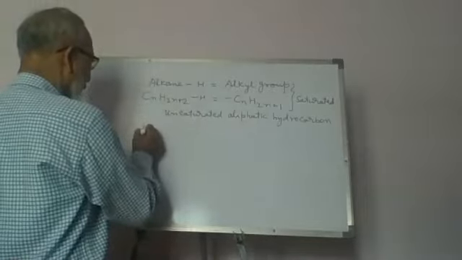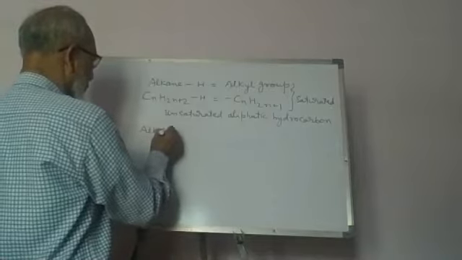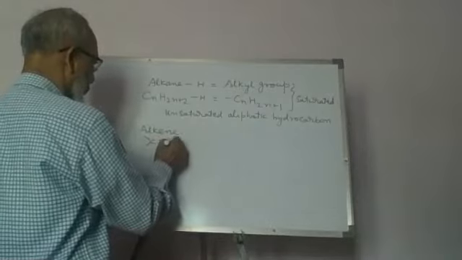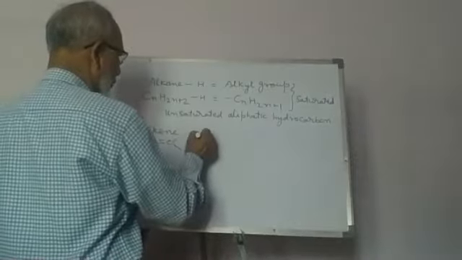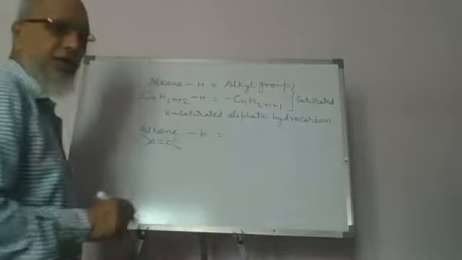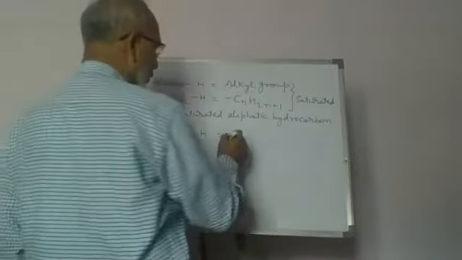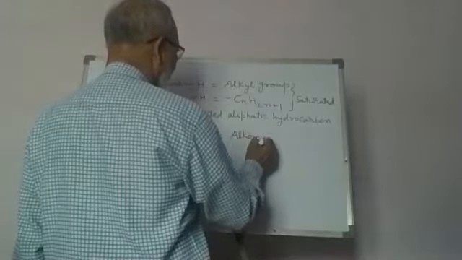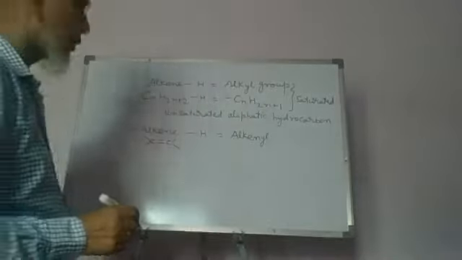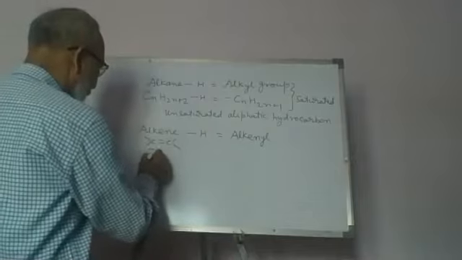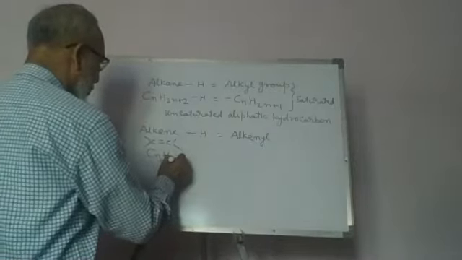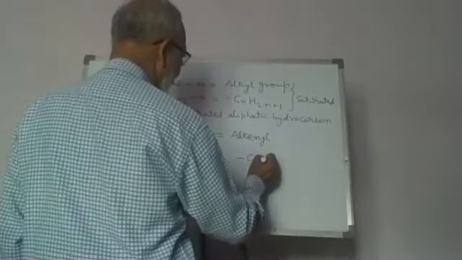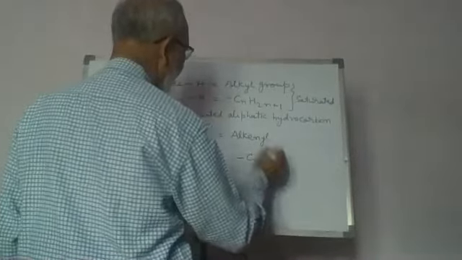So if it is alkene, which contains carbon-carbon double bond, if we remove hydrogen atom from alkene, the group will be known as alkenyl. Now the general formula of alkene is CnH2n. Therefore, this will have general formula CnH2n-1.